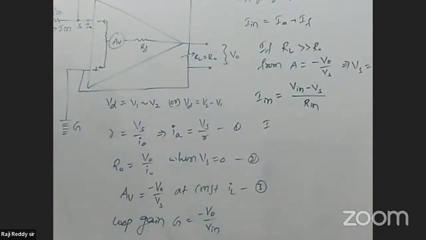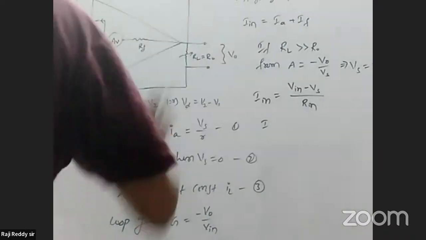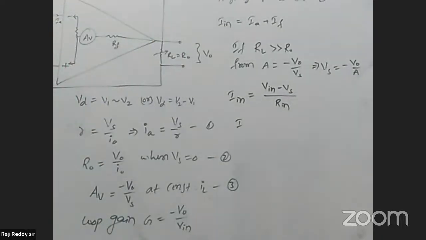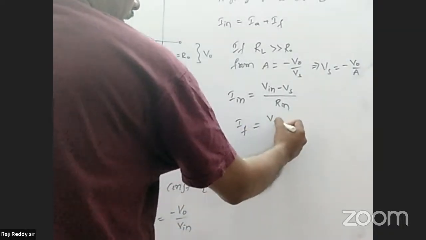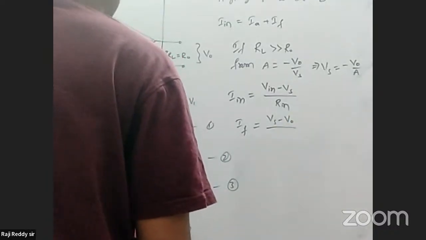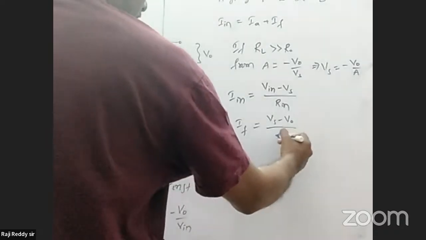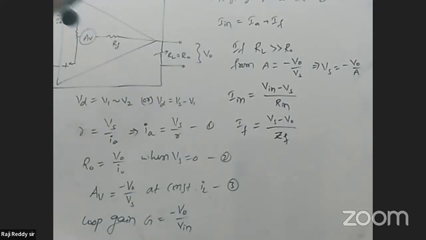Next, another one: the feedback current across the feedback resistance. Here is Vs, here is V naught. Feedback current is equal to Vs minus V naught by the feedback impedance ZF.